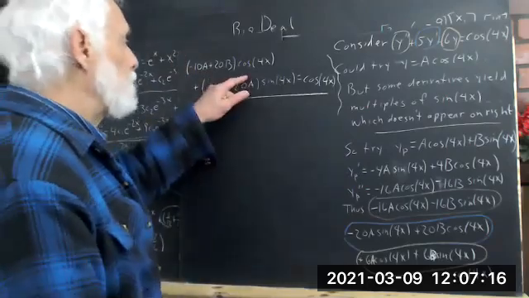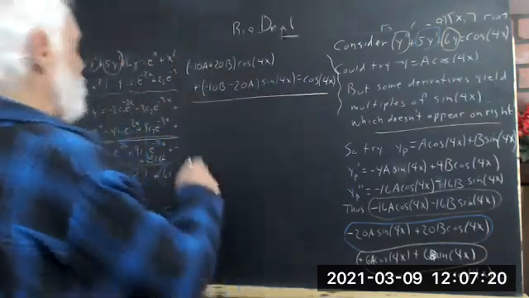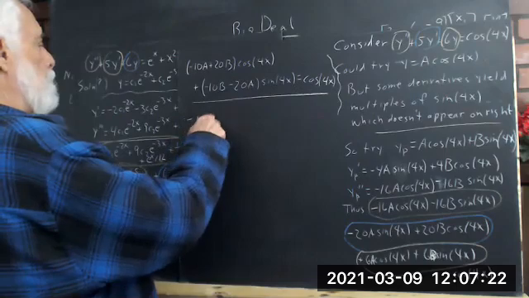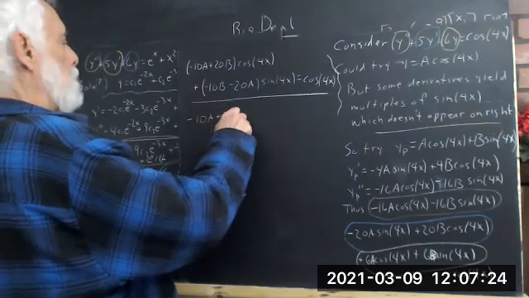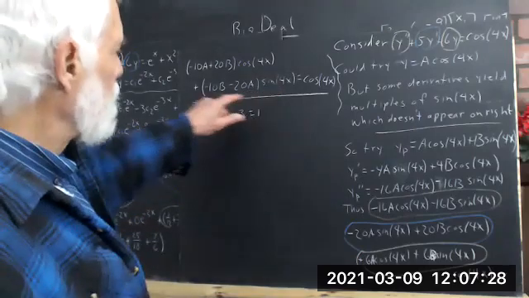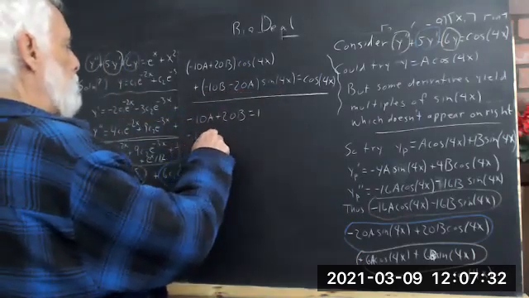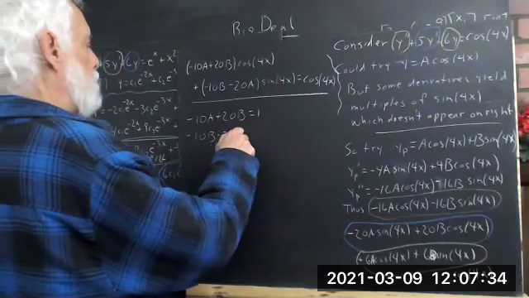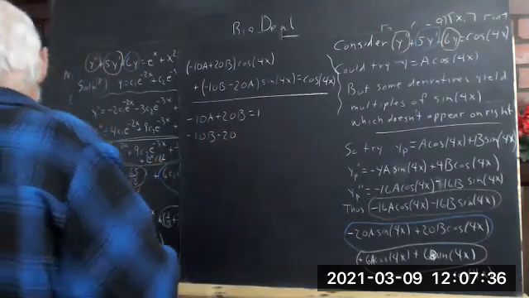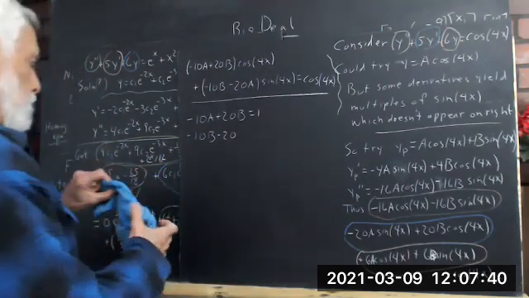Because the coefficient of the cosine of 4x has to be 1, we get negative 10a plus 20b equals 1. And the coefficient of the sine of 4x has to be 0. So we get negative 10b minus 20a. Well, let's line them up instead of just writing it down blindly.